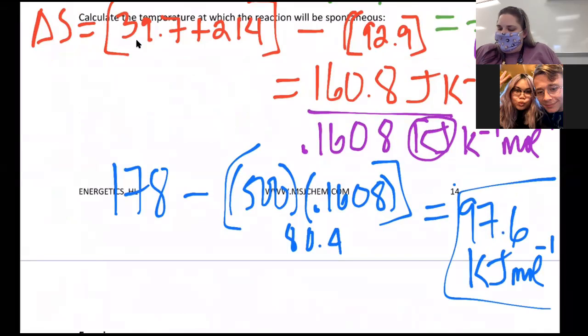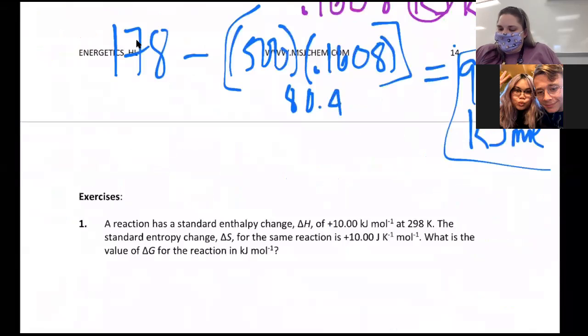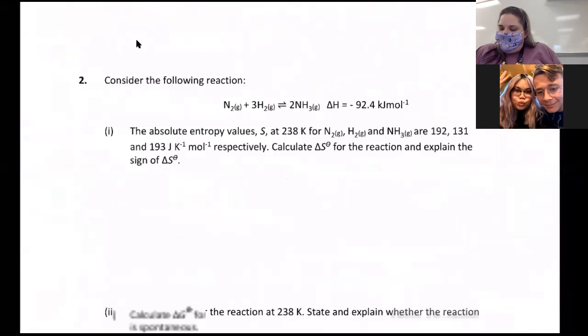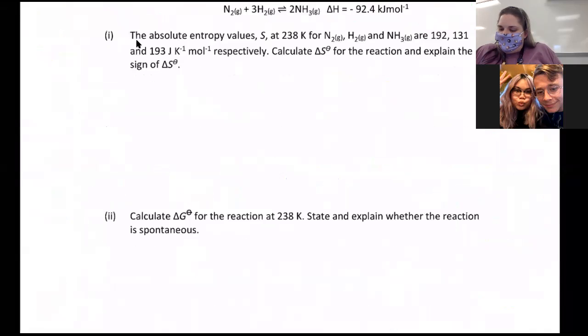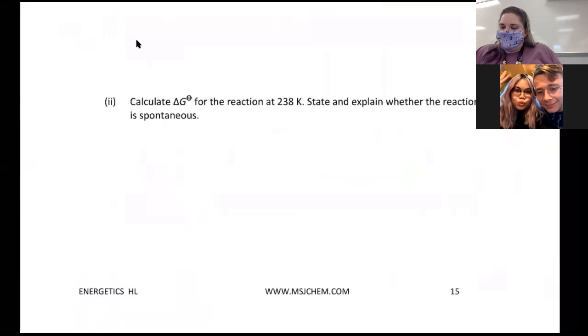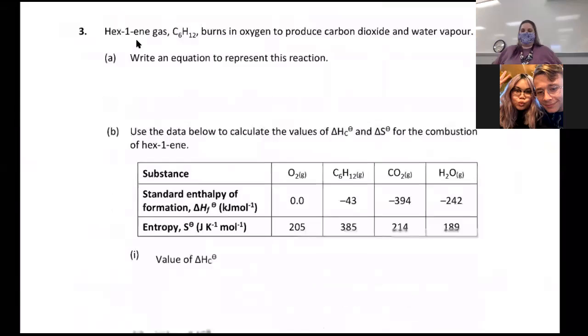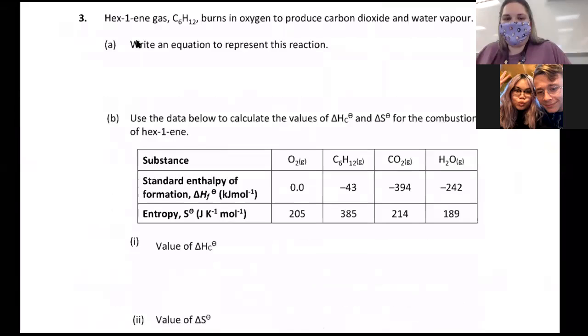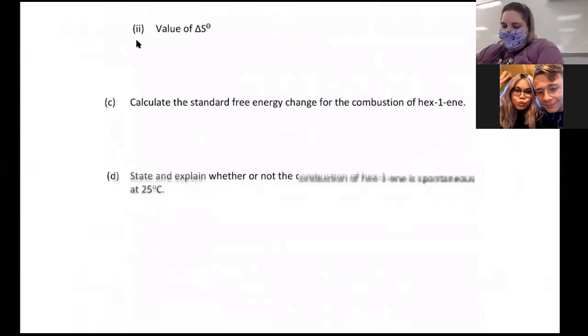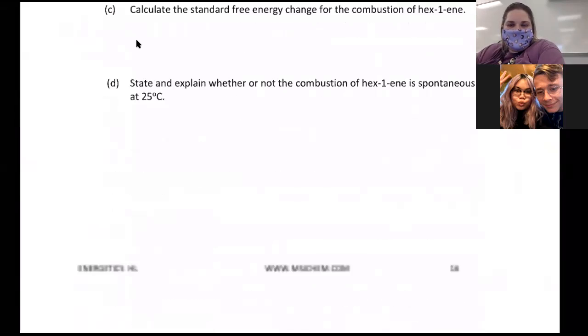So if I come down here, these are some practice doing what we just did, but on this next one, okay, so here's how you would do it similar to what we did on the other ones for enthalpy and entropy. You add up all your products and then you add up all your reactants and you subtract them.